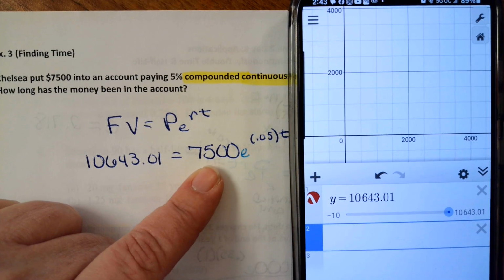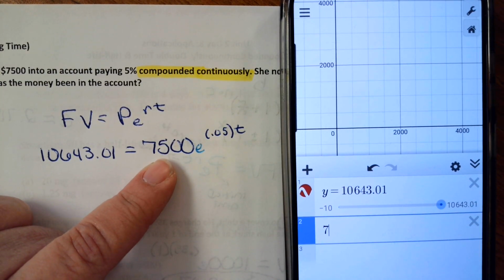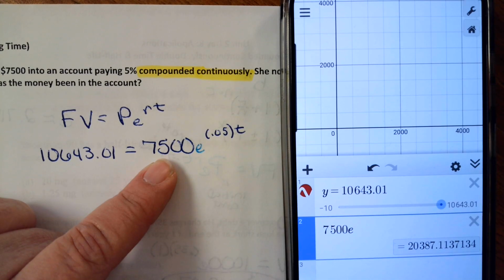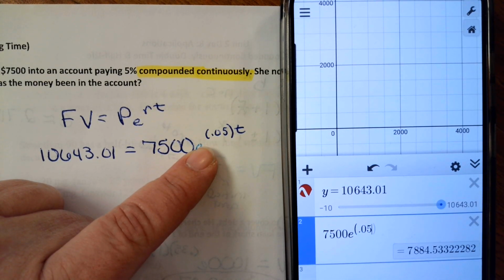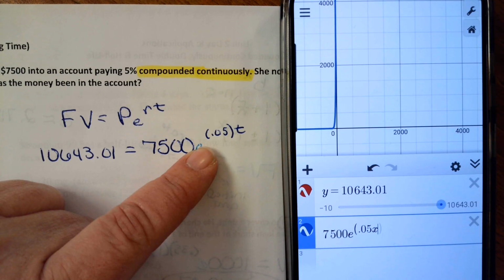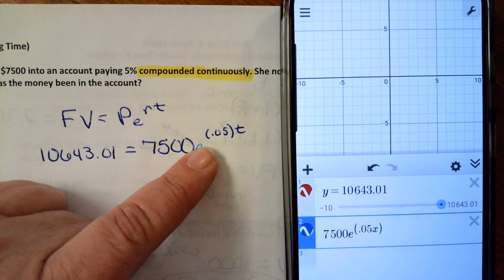And then on the right side, in line 2, 7,500 e raised to the 0.05x. All right, and let's see where they intersect.